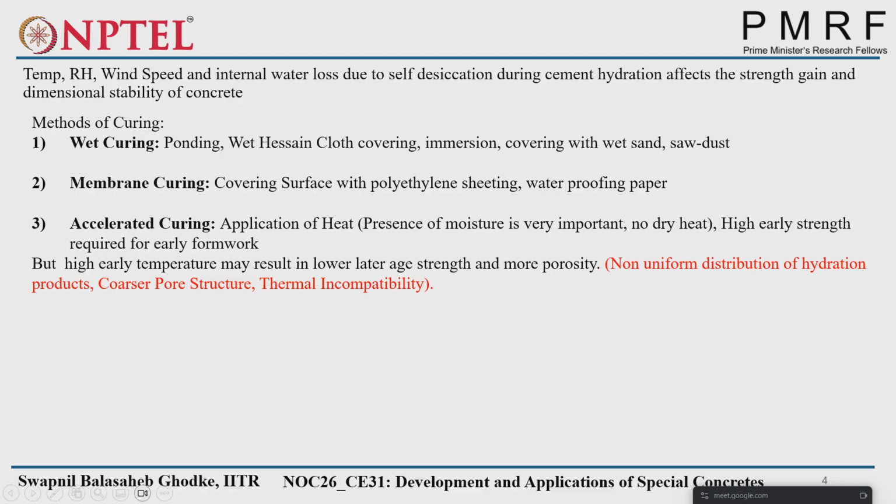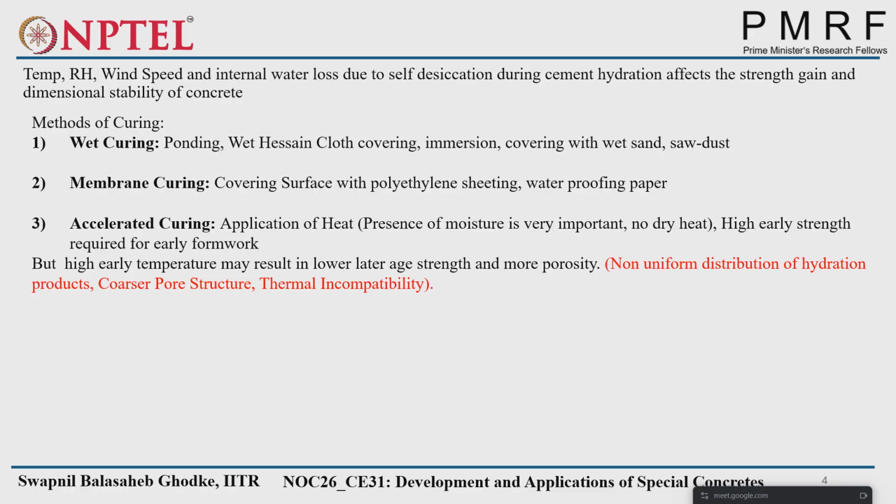When we go for high early temperature, it may result in lower later age strength and more porosity. Why does it happen? Because of non-uniform distribution of hydration products, coarser pore structure, and thermal incompatibility. As I said initially, early hydration, like faster hydration, happens because of the heat.